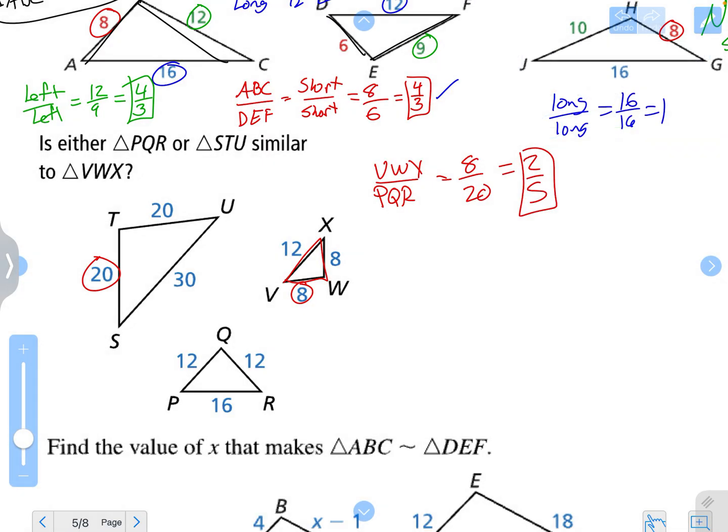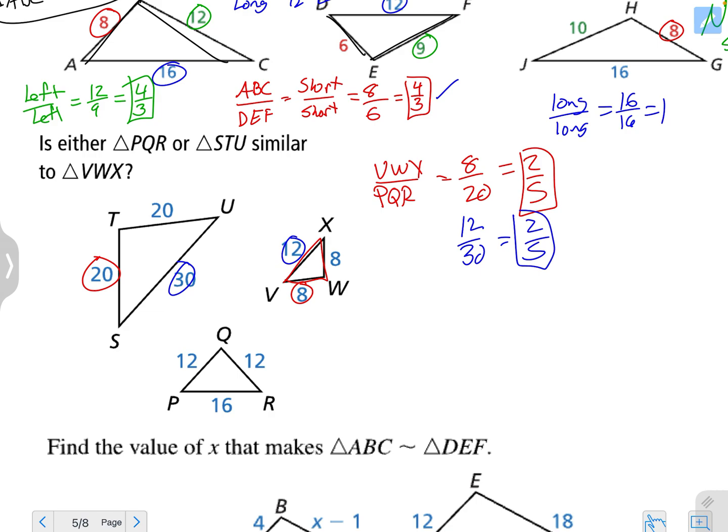Then I'm going to go long and long, which is 12 over 30, divide by 6, which is 2/5. So we're in good shape. And I happen to know that medium we've already done, 8 over 20. So yes, we know that VWX is similar to triangle PQR.